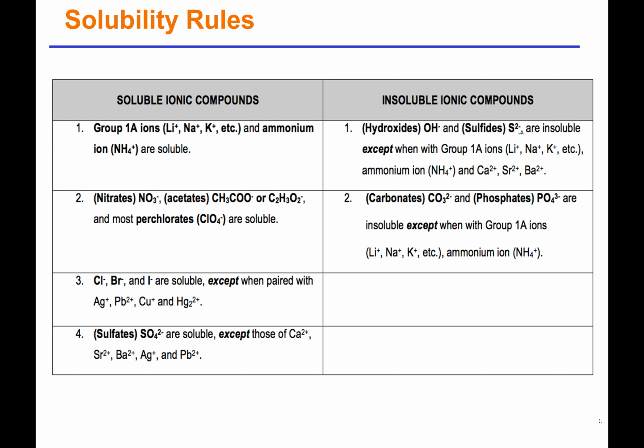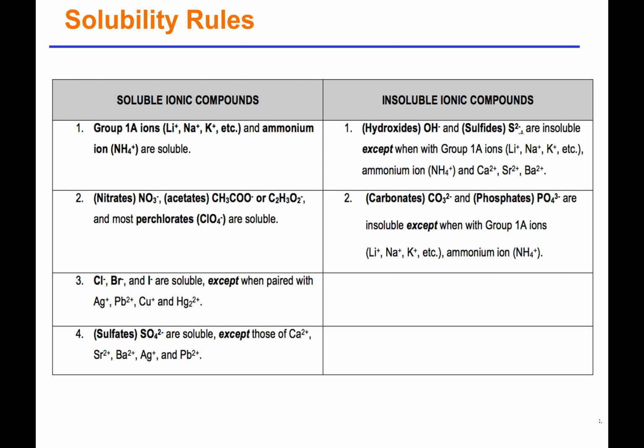Number 2 says nitrates, acetates, and most perchlorates are soluble. Number 3 says chloride, bromide, and iodide are soluble, except when paired with silver, lead, copper, or mercury. Number 4 says sulfates are soluble, except those of calcium, silver, lead, etc. So that gives you an idea of what should be soluble.